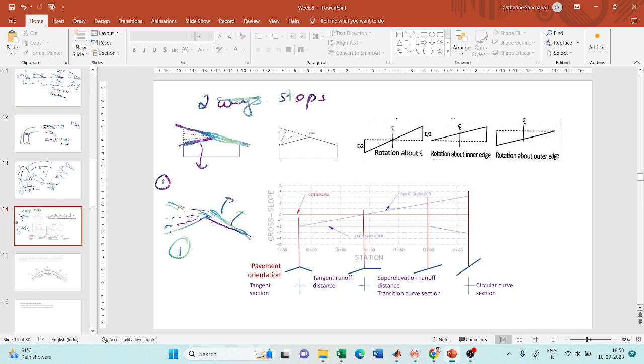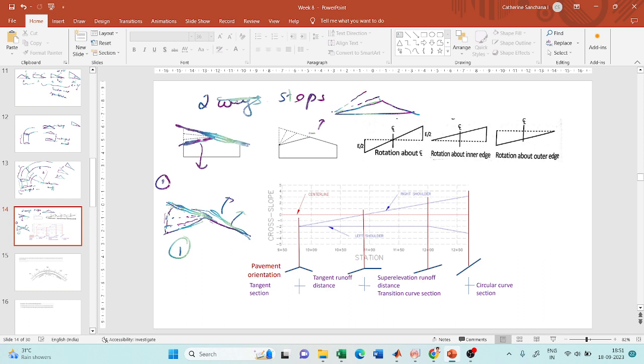Either I can keep on increasing this slant, I should take it up and up till it reaches the slope of the camber, or I can do it in another way, where I have to take it like this.